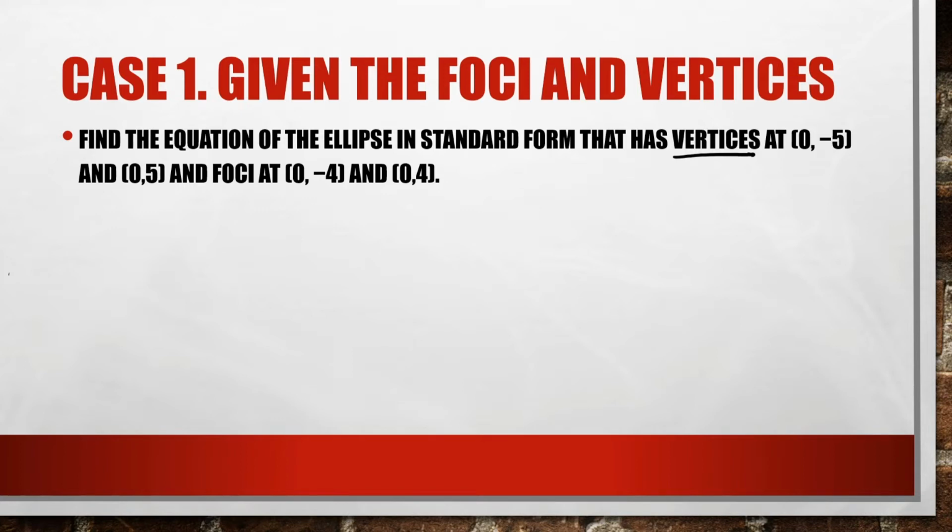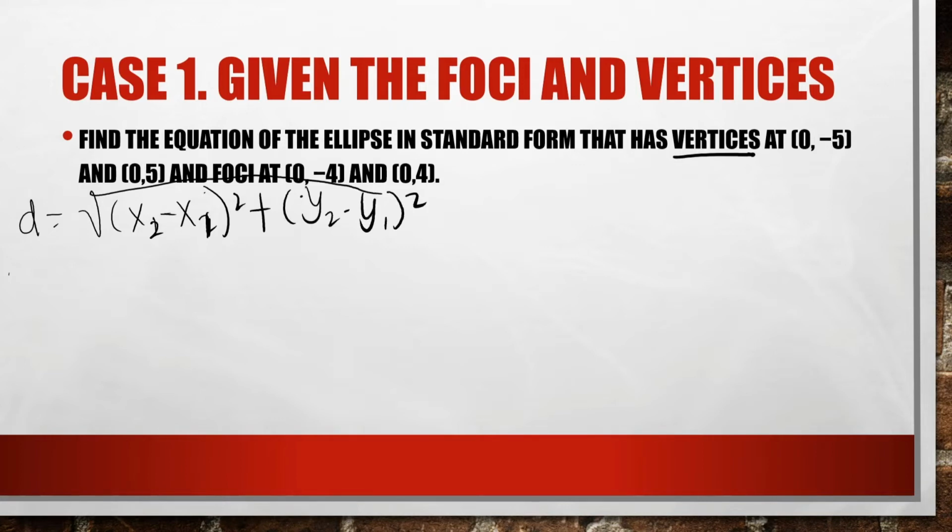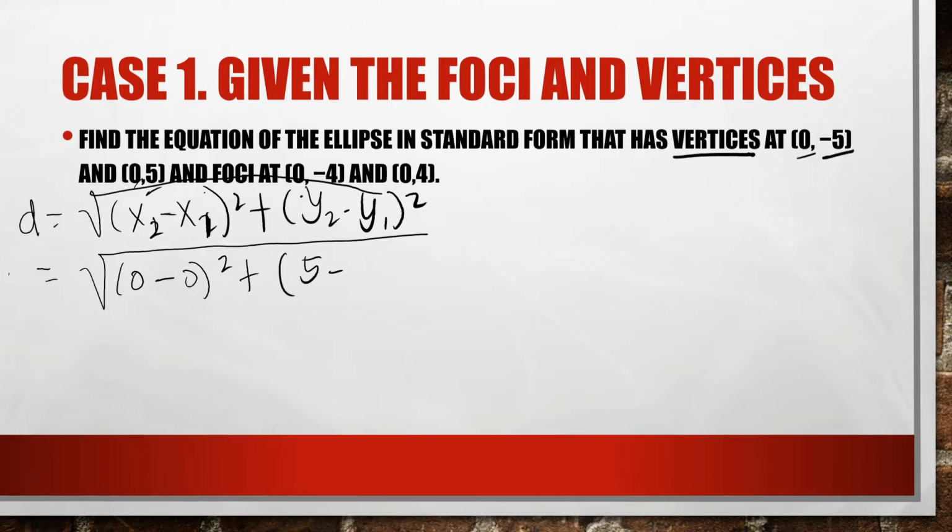Next naman, hanapin natin yung length ng major axis. Given naman yung vertices. So, by using the distance formula, d is equal to square root of (x sub 2 minus x sub 1) squared plus (y sub 2 minus y sub 1) squared. So, yung x sub 2 is 0, 0 minus x sub 1, 0 din, squared plus y sub 2, itong 5, minus itong y sub 1, which is negative 5.